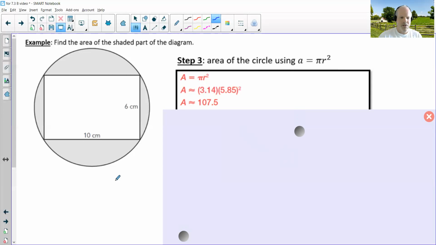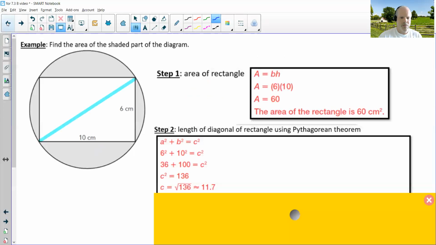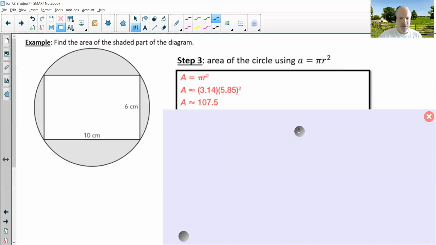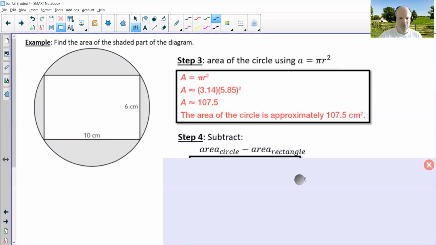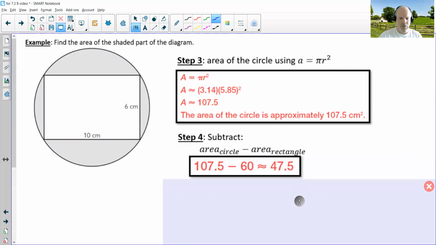So we have to go back to the previous screen where we had the area of the rectangle is 60. What I do is I take the area of the circle and subtract from it the area of the rectangle, which was 60. So the area of the shaded portion is 107.5, the area of the circle, minus 60, which is the area of the rectangle, and this gives us approximately 47.5.